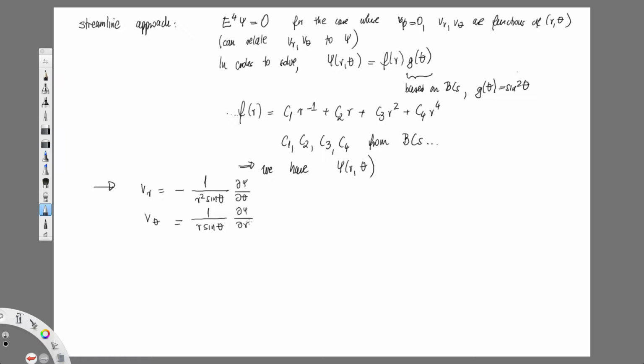How do I get pressure? The Stokes equation, for creeping flow or very slow flow, gives me the pressure. If I have even simpler, inviscid flow, I can use the Bernoulli equation. That's beautiful, because that's the simplest one.